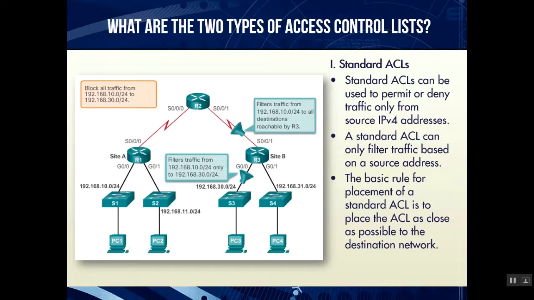A standard ACL can only filter traffic based on a source address. The basic rule for placement of a standard ACL is to place the ACL as close as possible to the destination network. This allows the traffic to reach all other networks except the network where the packets will be filtered.